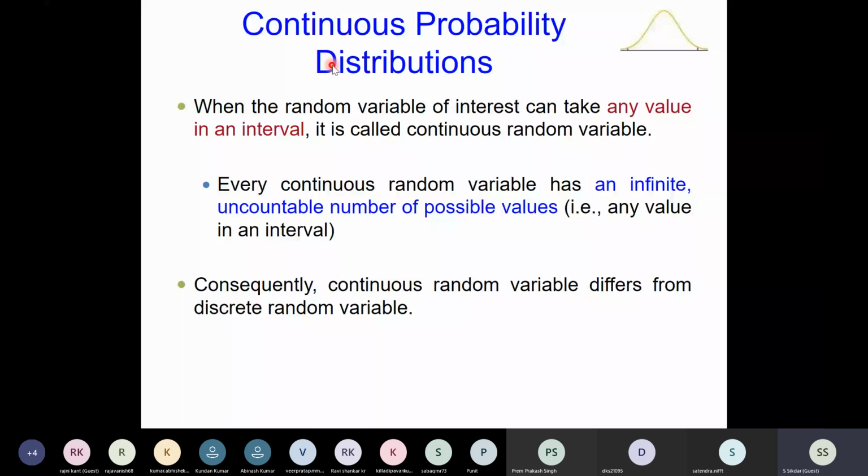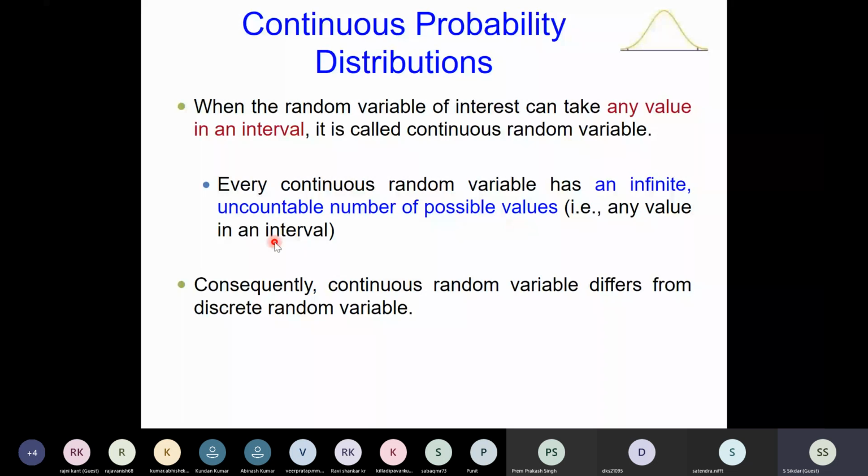Okay. So a continuous probability distribution is when the random variable of interest can take any value in an interval; it is called a continuous random variable. And every continuous random variable has an infinite, uncountable number of possible values, that is, any value in that interval.